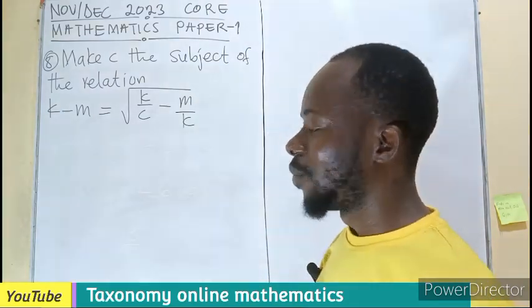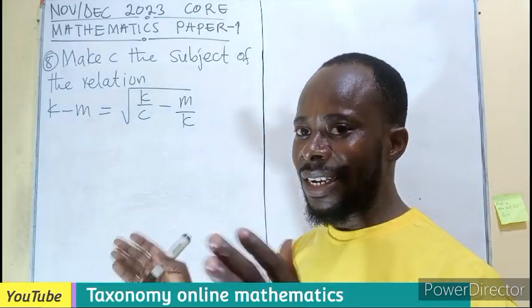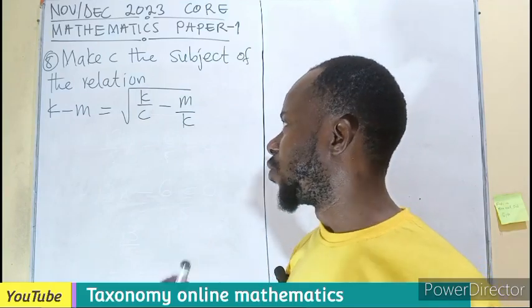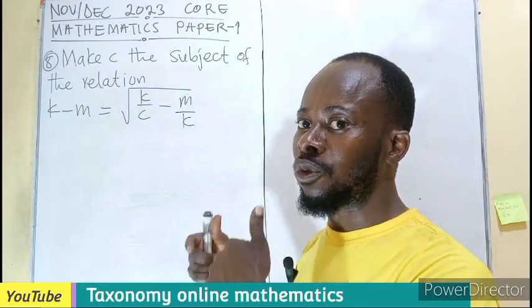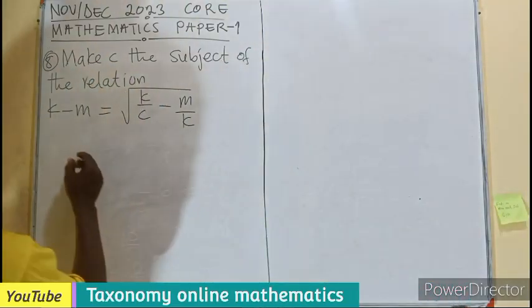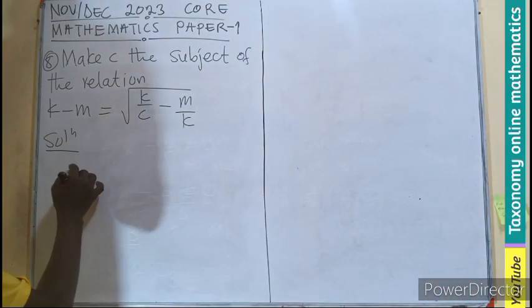So the first thing first, we know we are having two sides of the equal sign. In order to clear the square root, we need to square both sides, right? So the first thing is to square both sides.